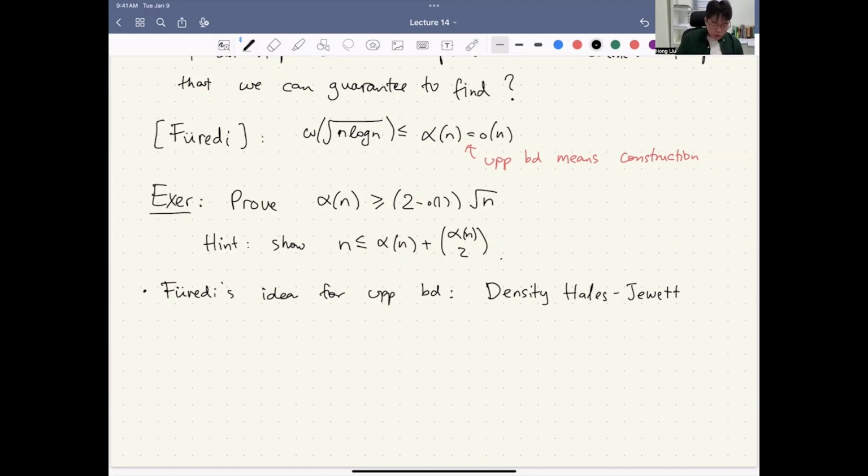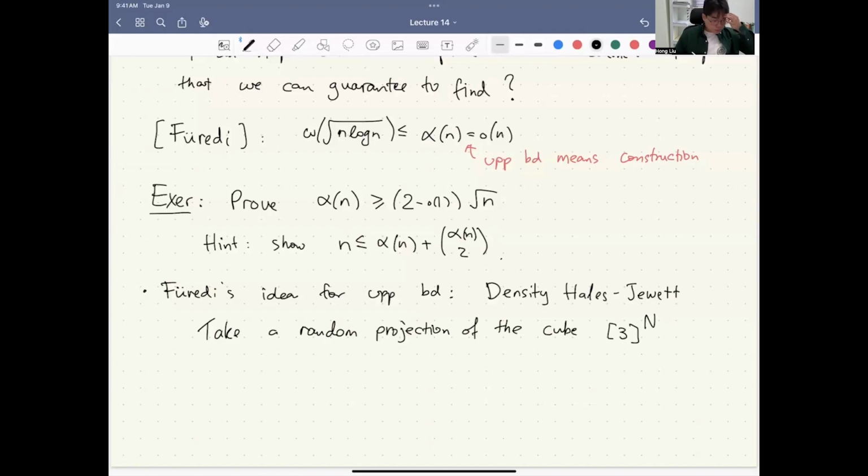What he did is take a random projection of the combinatorial cube, 3 to the n.